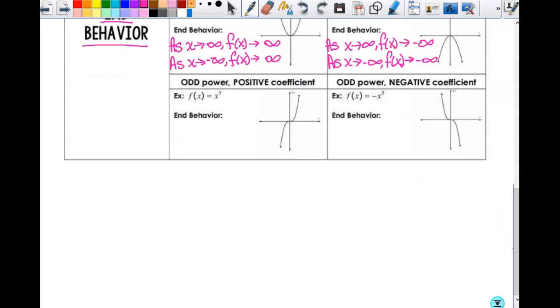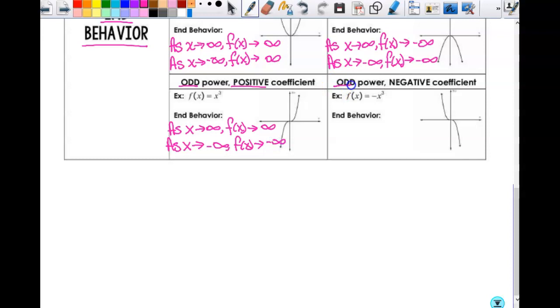All right, so if I have an odd power and positive coefficient, then it's going to have the cubic characteristics. So as x approaches infinity, f of x approaches infinity. And as x approaches negative infinity, f of x approaches what? Negative infinity.